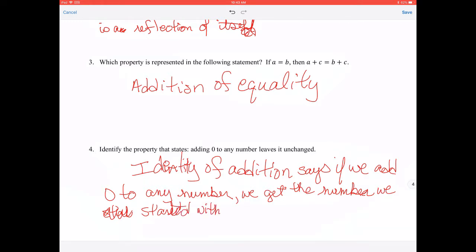I cannot write today. In other words, A plus 0 equals 0 plus A equals A. And right here I stated it as the commutative property just to be complete in my statement.